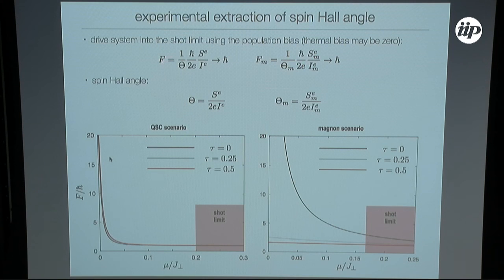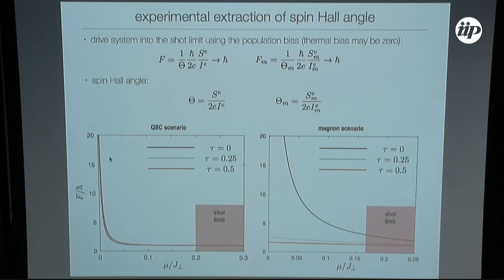In this case, the Fano factor should reach h bar, and so the spin Hall angle can be extracted from this ratio of the noise to current. So first one can do this kind of control experiment to extract the spin Hall angle, and then once you have it, you can go into other regimes to relate the theoretical spin Fano factor to the experimentally measured ratio.